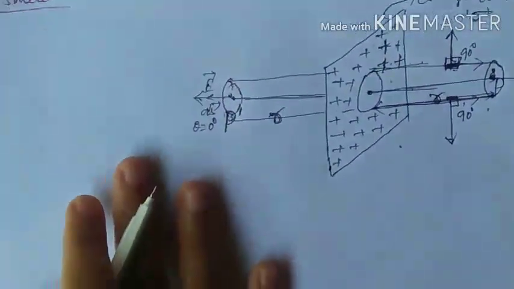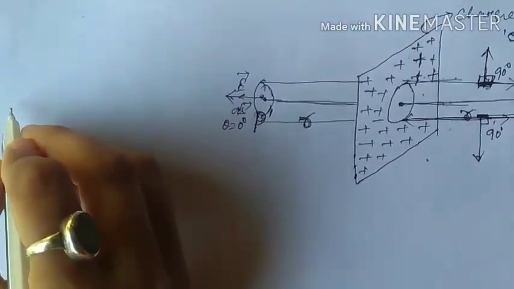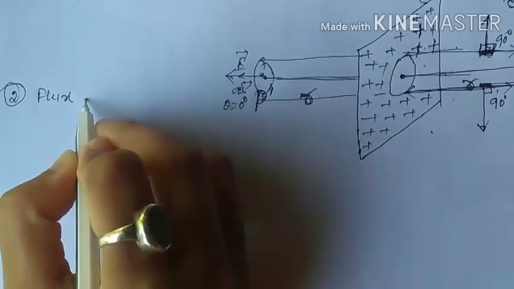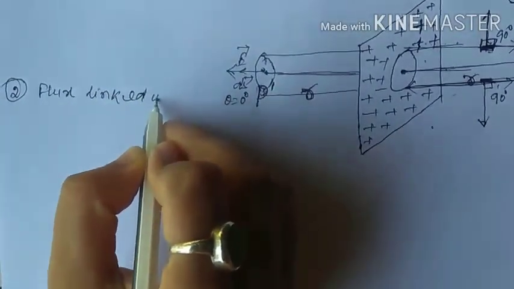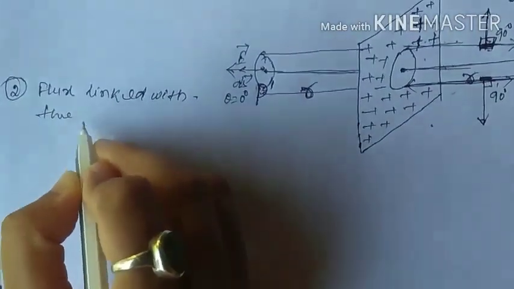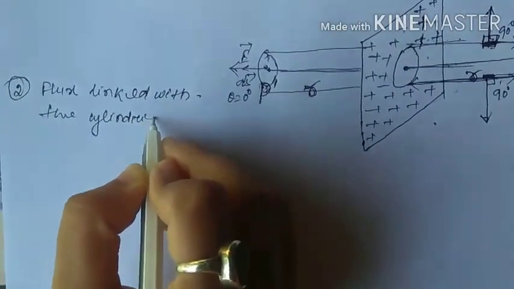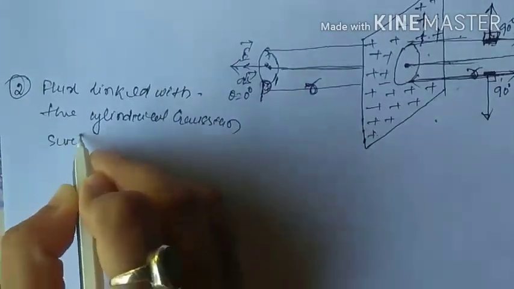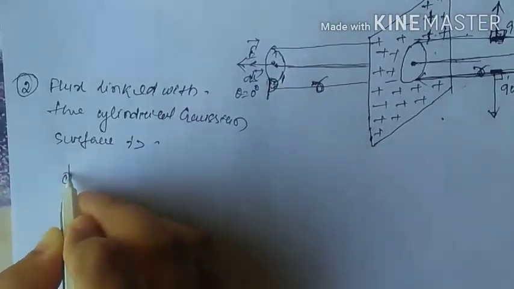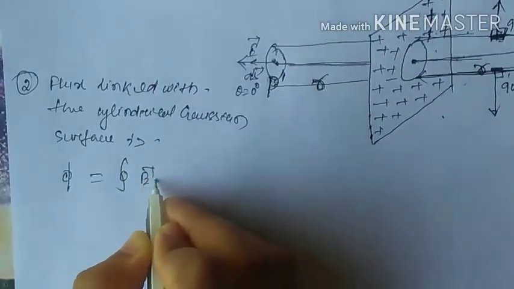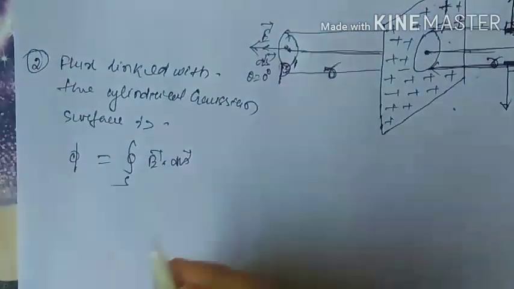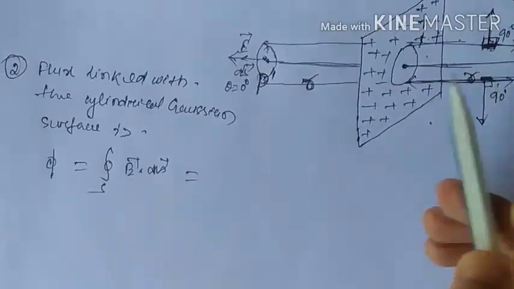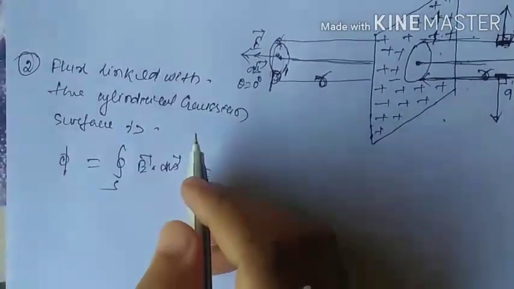You will write everything here. Then we will proceed to the second part, that is our flux calculation. So the flux linked with the cylindrical Gaussian surface is phi equal to, we know, the integral of E dot ds. Yes. So that is due to one curved surface and two flat surfaces, on this side and this side, right?